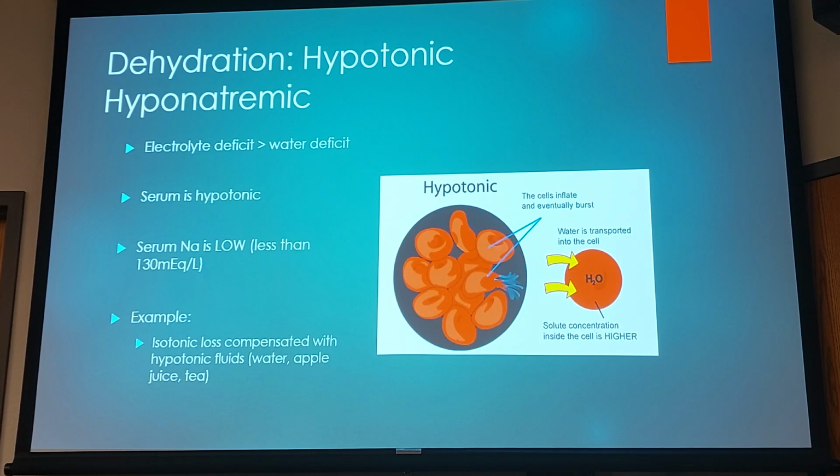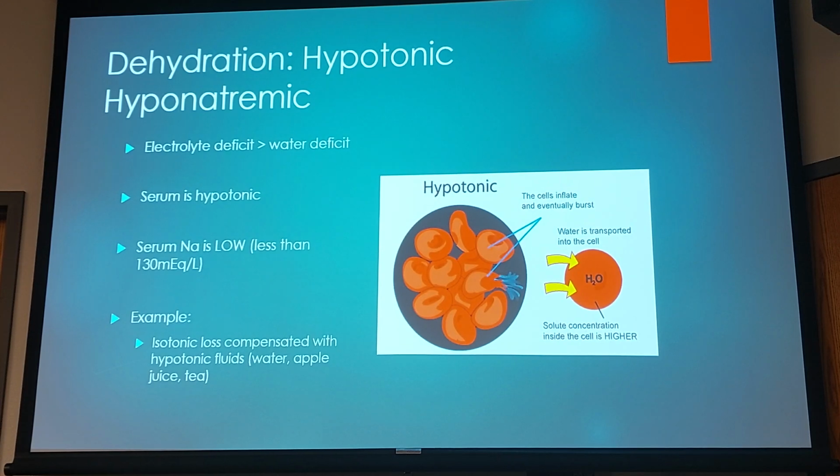That sounds confusing, doesn't it? So we've lost more electrolytes, leaving dilute blood, not a lot of solutes. Serum sodium is low, so you know that from hypotonic, right? Lower than your 130 or 135.